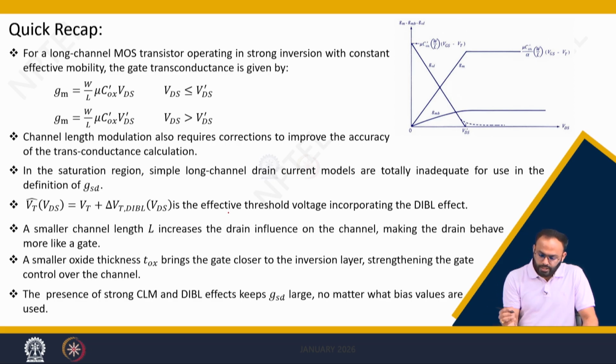In the previous lecture, we extracted the parameters like GSD, GM and GMB under the strong inversion region of operation. We said that GM can be given by simple equations: W by L mu into C ox dash into VDS in the non-saturation region, and in the saturation region it is given by W by L mu into C ox dash into VDS dash, where VDS dash is nothing but VGS minus VT divided by alpha.